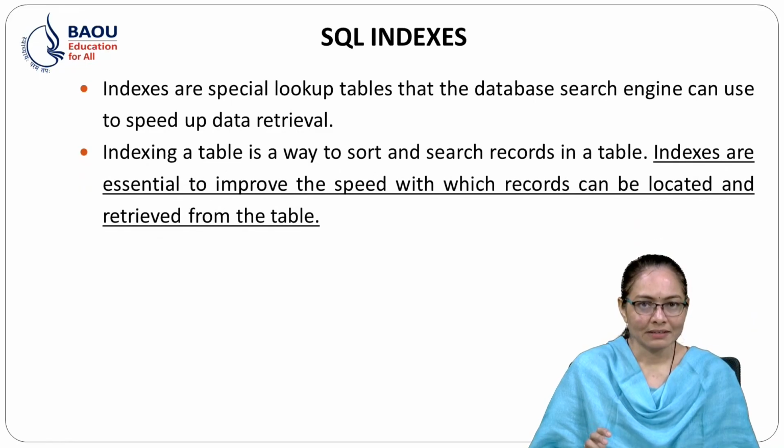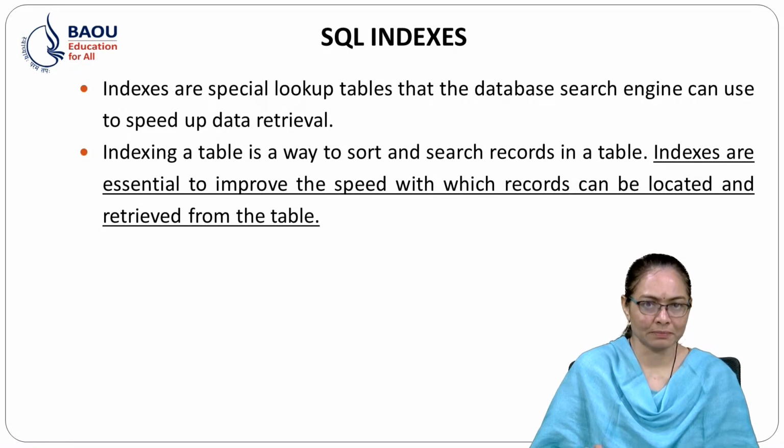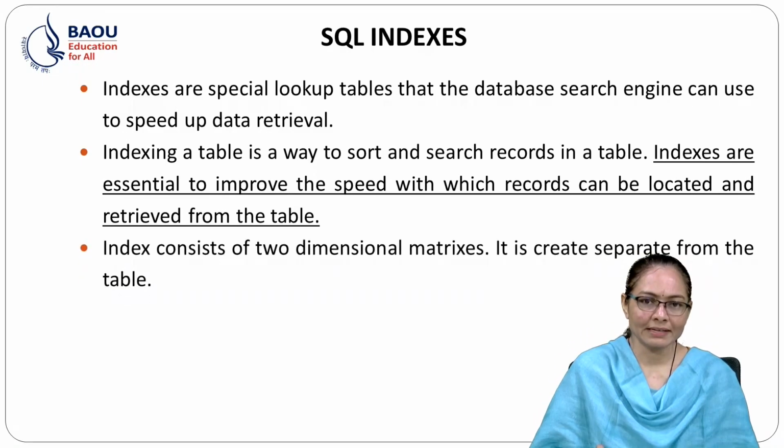Indexing a table is a way to sort and search the records in the tables. Indexes are essential to improve the speed at which records can be located and retrieved from the table. The index consists of two-dimensional matrices.